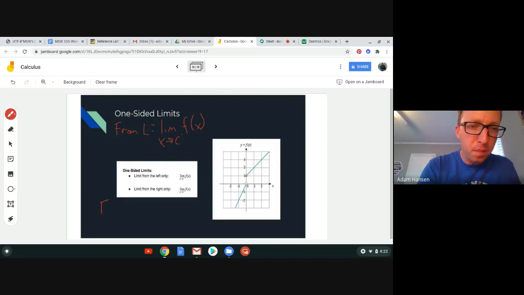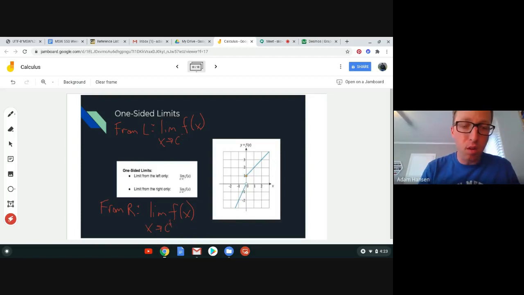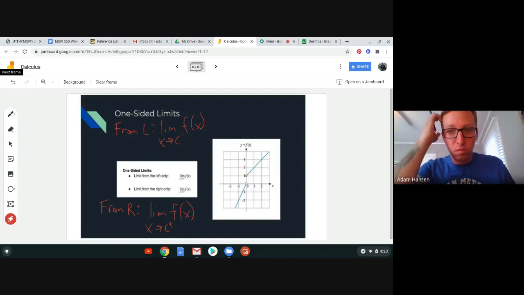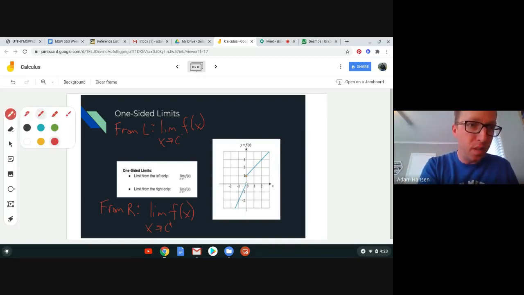And from the right, from values that are greater than c, the notation is x approaches c positive of f of x. It's a one-sided limit when I have either a positive or a negative. And that also indicates the direction. When it's negative, it's from the left. When it's positive, it's from the right. Over here, we had two-sided limits because we had no little positive or negative symbol.